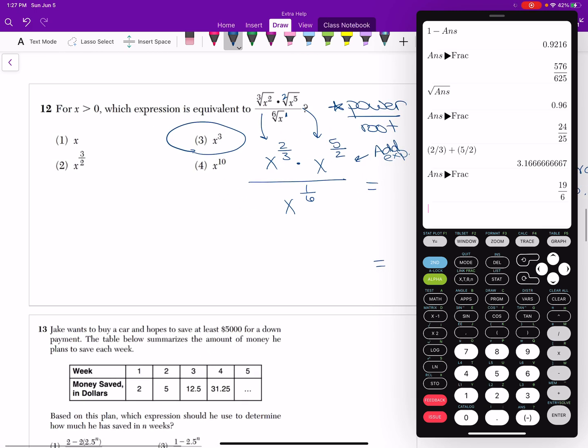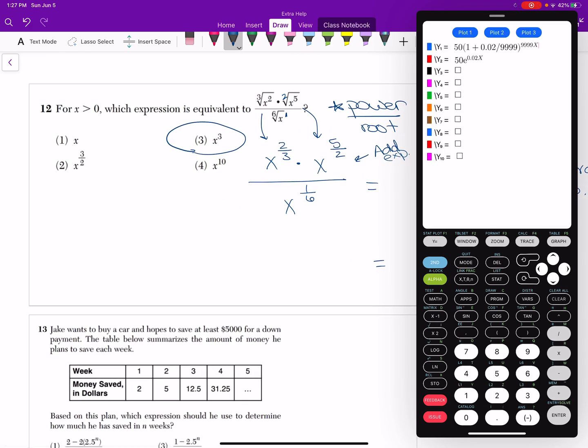This is another one that you could do the calculator for in y equals if you wanted to. If I plug the original into y1, math gets you all the different kinds of radicals.